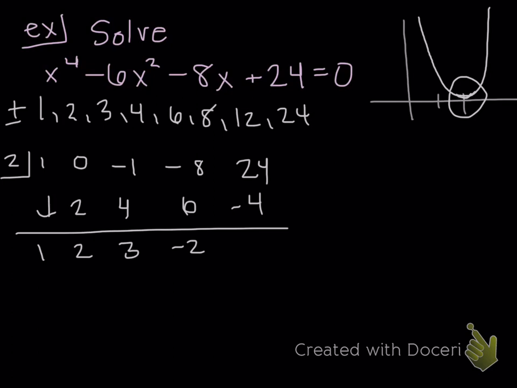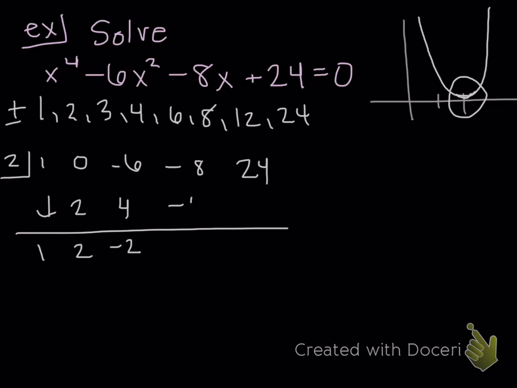Oh, right here. It should be 1, 0, and this should be -6, not -1. All right, so let me backtrack. The reason I knew I made a mistake is you're not supposed to get a remainder. All right, so -6 plus 4 is -2.